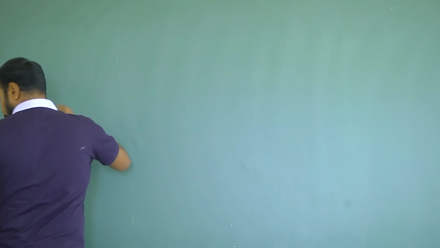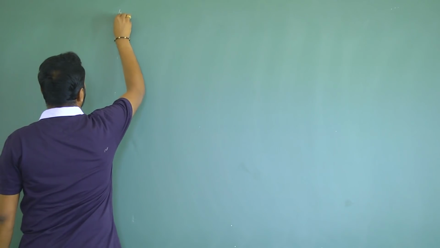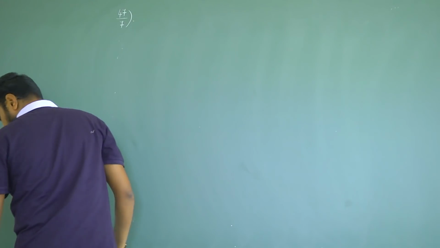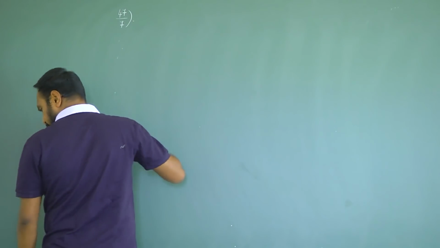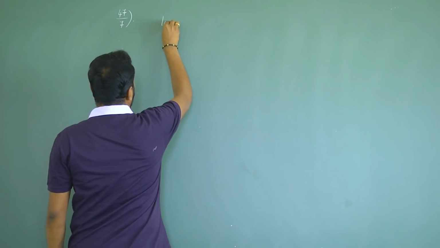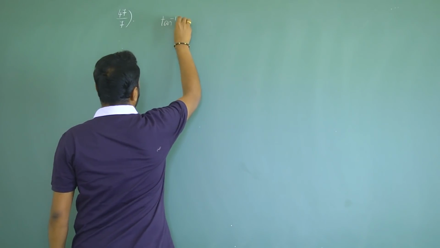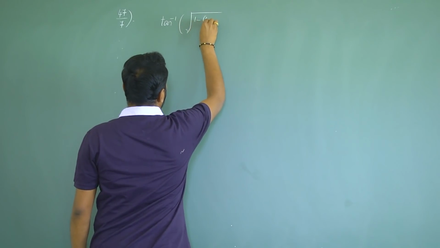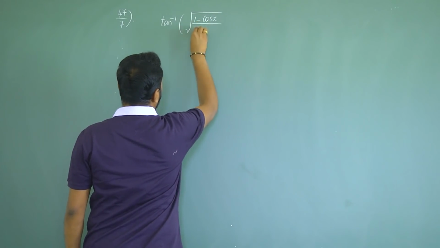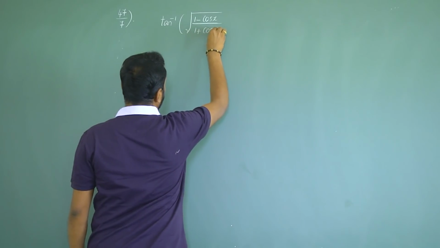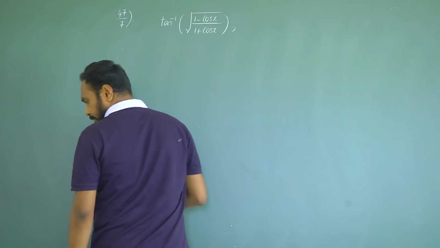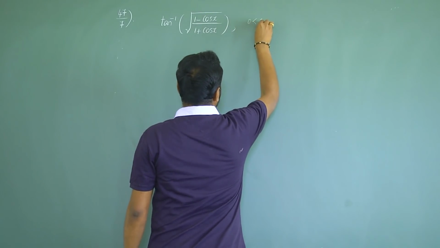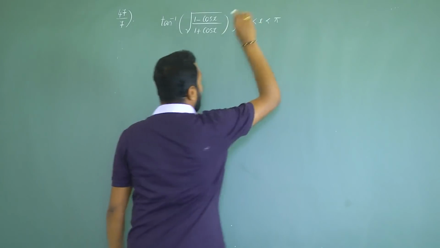This one. Page number 47, seventh question. It is tan inverse of square root of 1 minus cos x divided by 1 plus cos x, and the condition is 0 less than x less than pi.